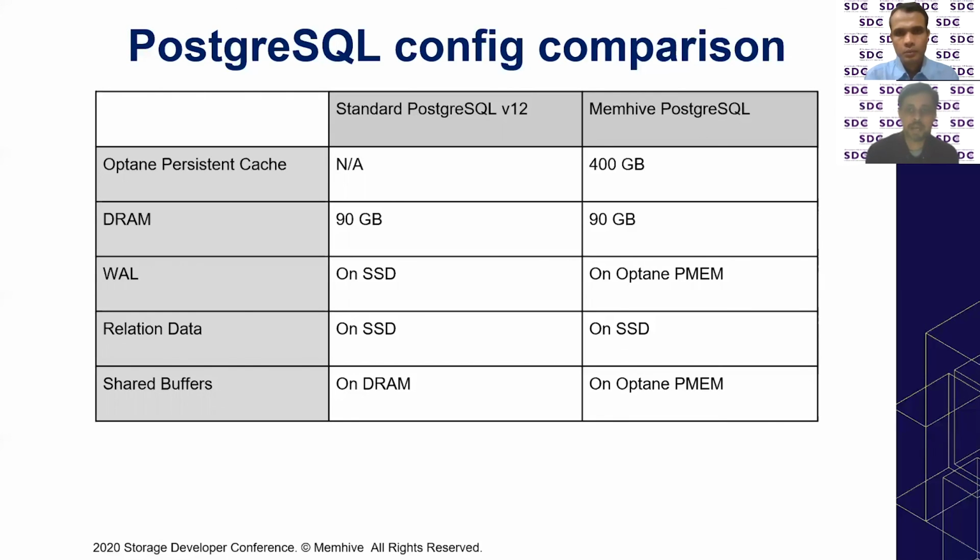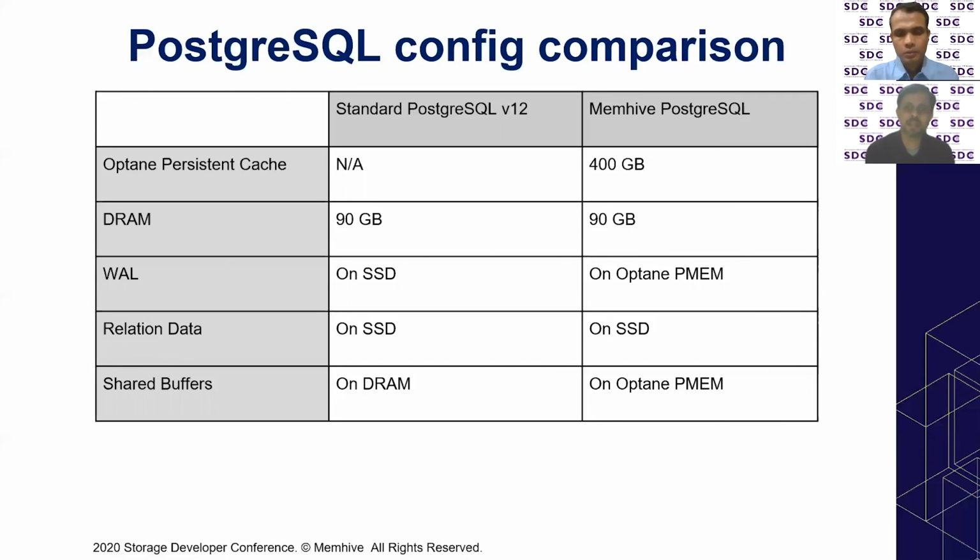The DRAM capacities used are the same in both cases. The WAL is kept on SSD in the case of standard Postgres, whereas it's placed in persistent memory in FSDAX mode in the case of memhive Postgres.